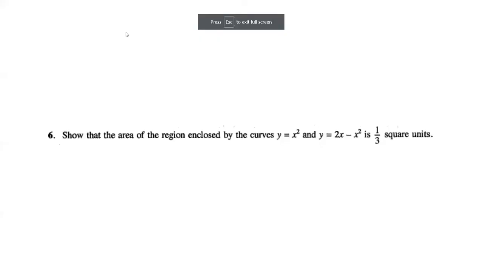An integration question. So we need to find the area of the region enclosed by the curve y equals x squared and y equals 2x minus x squared.